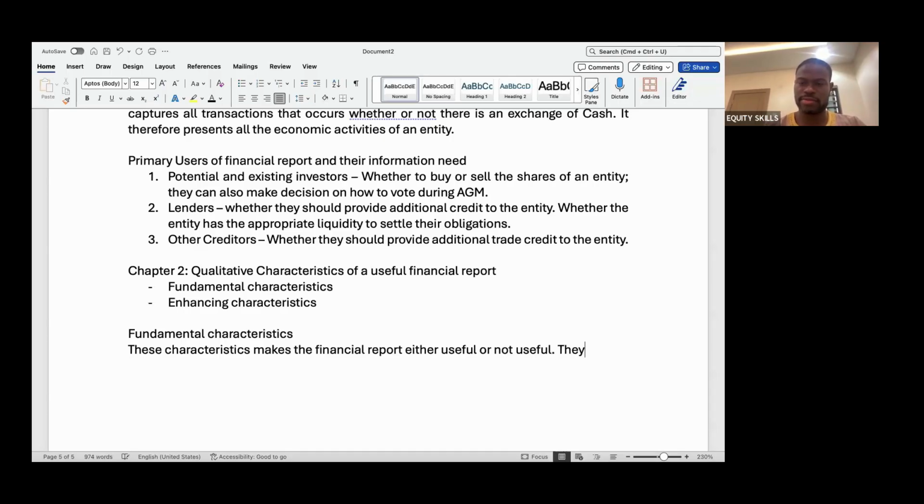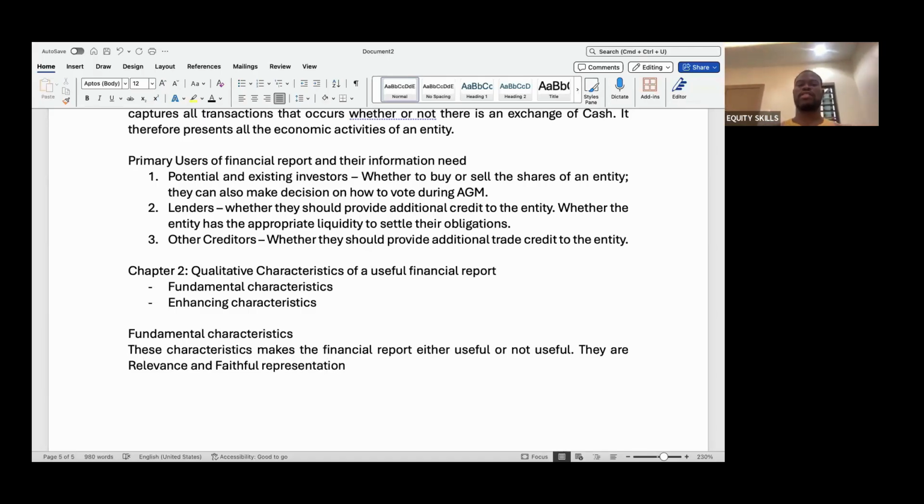And they are relevance and faithful representation. So the two fundamental characteristics that make the financial reports useful or not useful are relevance and faithful representation, in the sense that if a financial report has these two attributes, then that financial report is useful.